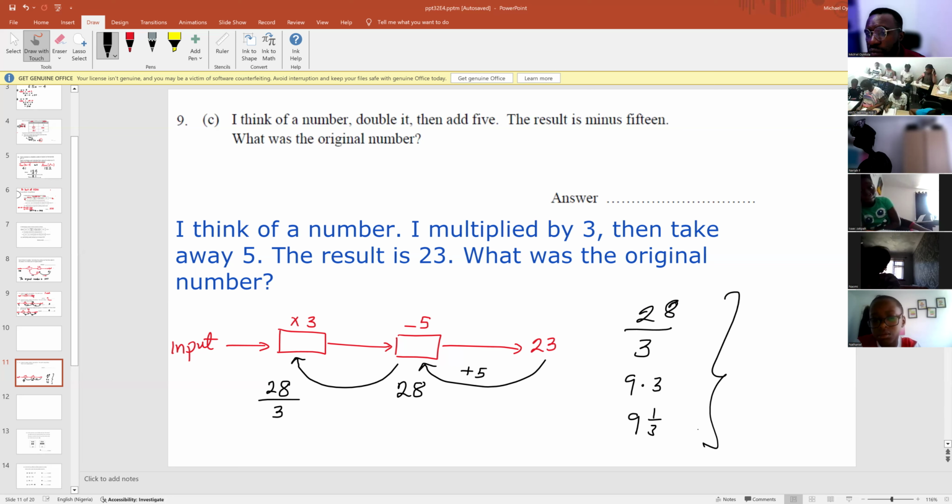I can't get how it's 9.3. How is it 9.3? But why is it 9.1? You had a denominator and a decimal. I'm not cheating.